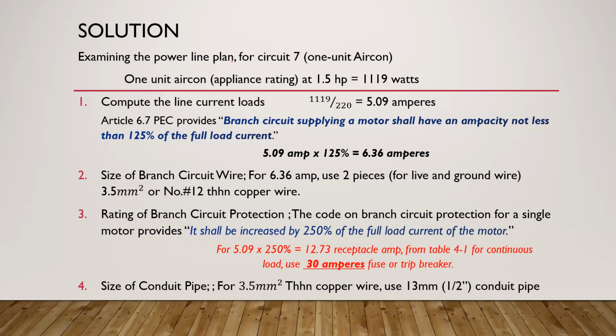And then from table 4-1, for continuous load, we will use 30 amperes of fuse or trip breaker. So we go to table 4-1 from the value of 12.73 receptacle amperes.